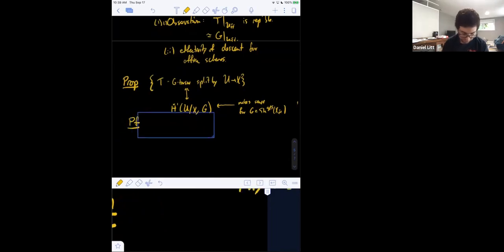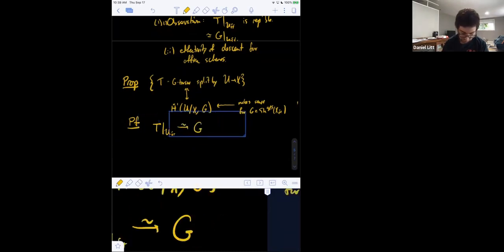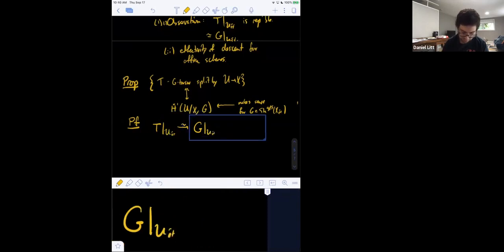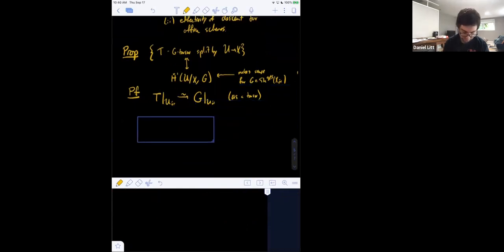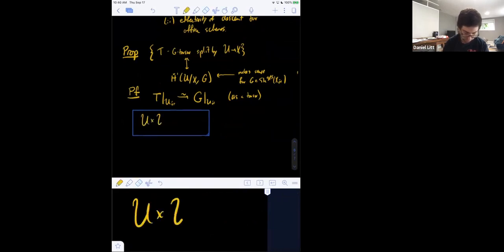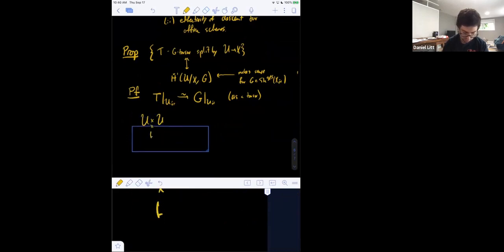So we get that T restricted to U étale is isomorphic as a torsor to G restricted to U étale. So when we restrict T to U cross U in the two different ways, let's write U cross U over X to U. There are these two projections, pi1 and pi2.